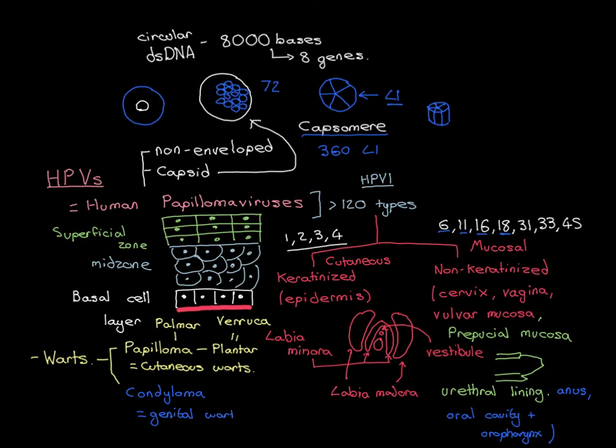So the final piece of information I'm going to give you in this video is the names of those 8 genes of the human papillomavirus genome. We split them into 2 categories: the early genes, which are expressed early on in the viral life cycle, and these have really simple names.